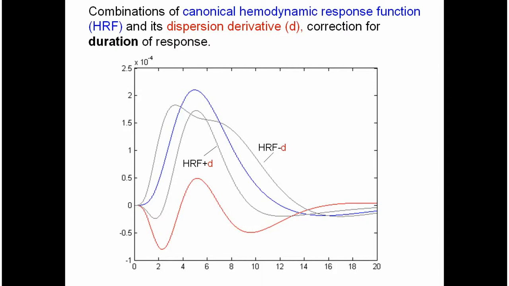The other function is dispersion derivative. And in this case, what can be modified is the sharpness, the duration of the response. If we add dispersion derivatives, the response becomes shorter than the canonical one. If we subtract, the response becomes longer.